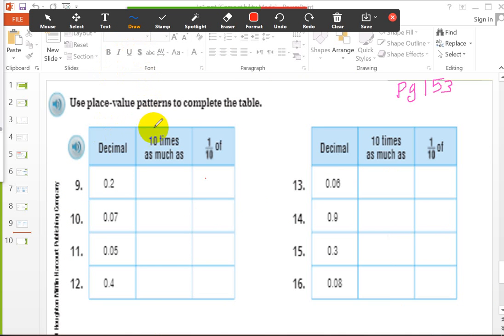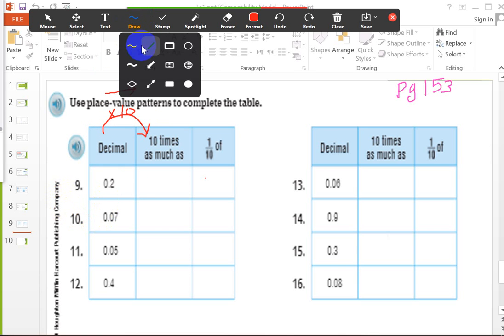If you want to find the number that is 10 times as much as a number, you have to multiply by 10, and when you multiply by 10, you have to move the decimal point to the right 1 digit, right?